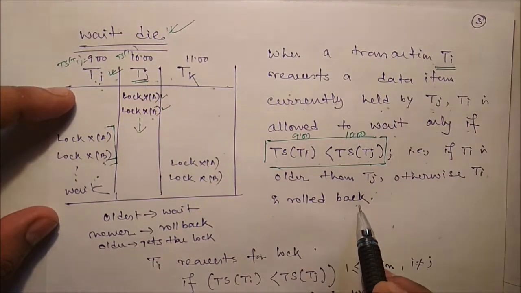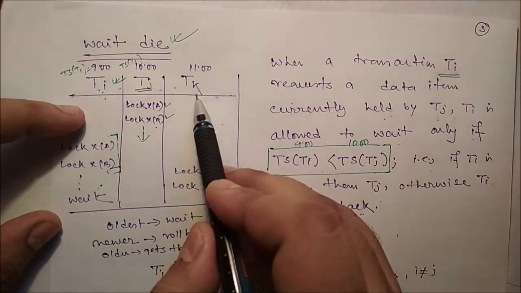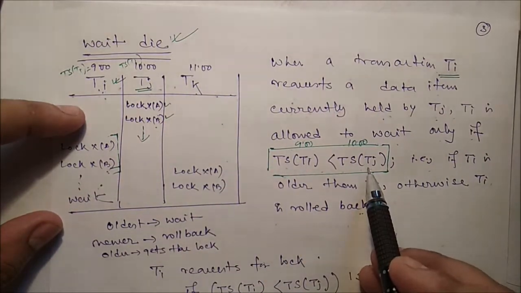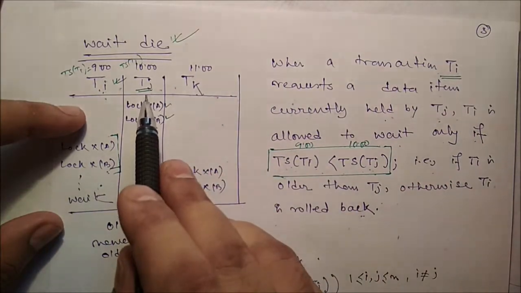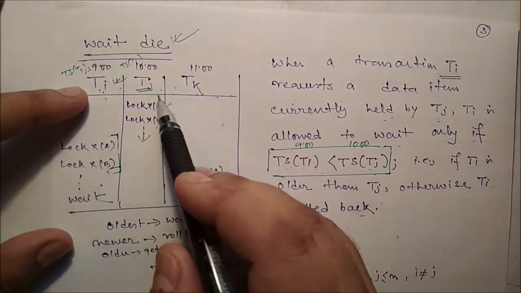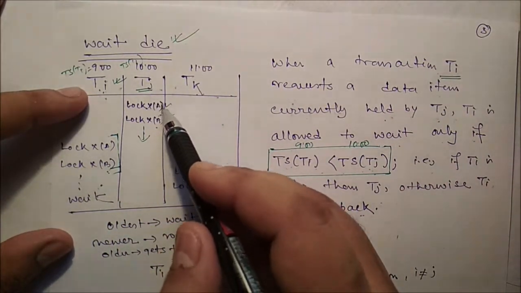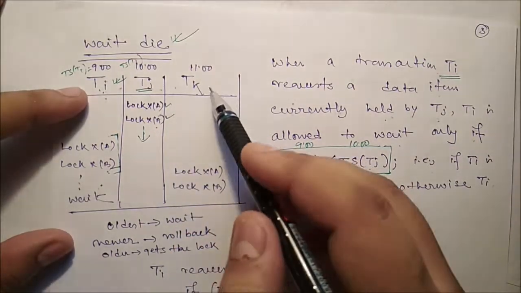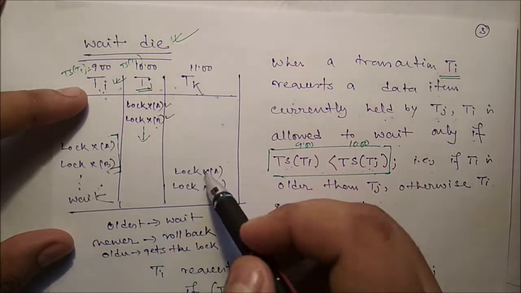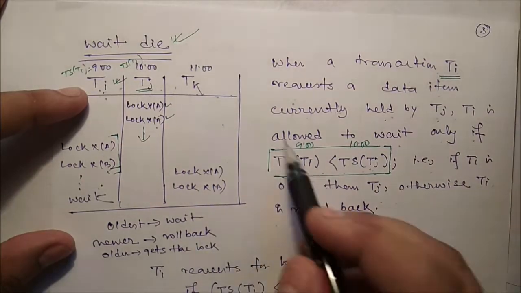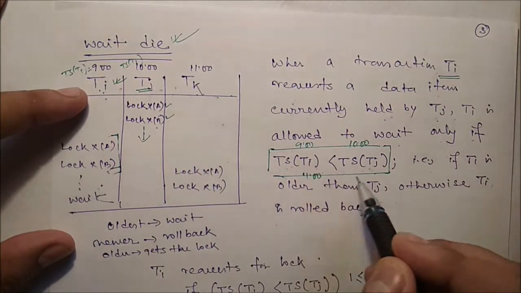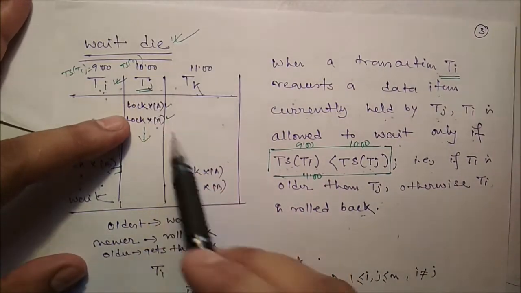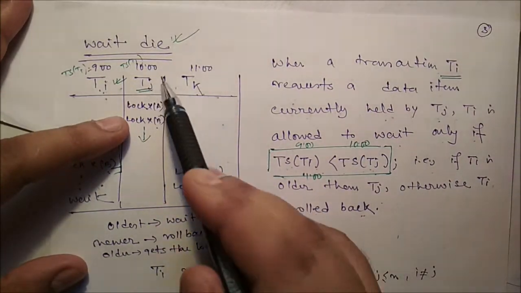Otherwise, Ti is rolled back. If this condition is not true, consider Tj using variables A and B, and Tk needing the same variables A and B. TS(Tk) is 11 am, and TS(Tj), which is currently holding A and B, is 10 am.